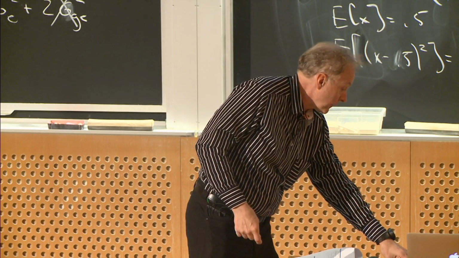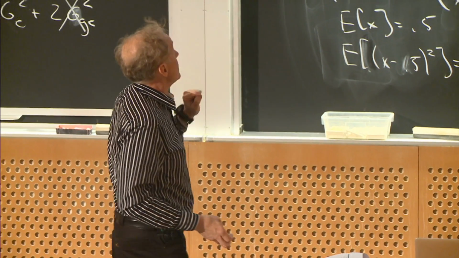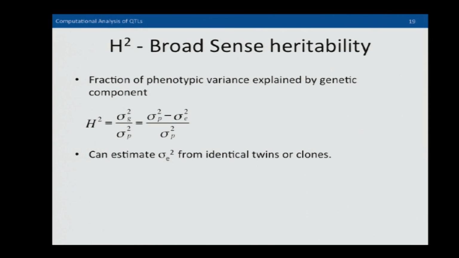So let's talk about broad sense heritability. Imagine that we measure environmental variance simply by looking at environmental twins or clones, right?